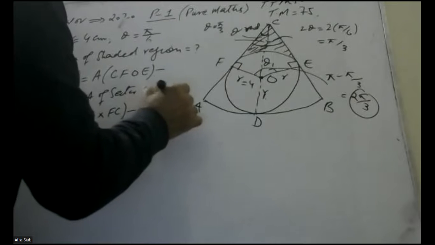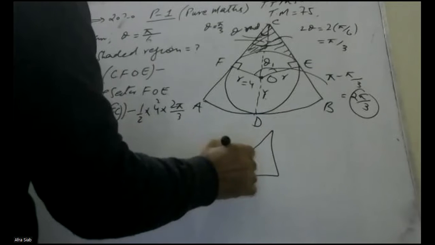So half r squared, which is 4, into theta, that is 2 pi by 3. Half r squared theta is the area of the sector there. That is, the 2 and 2 cancel.